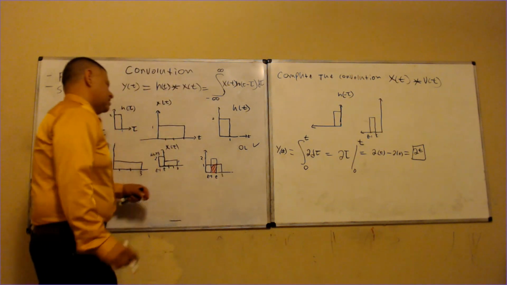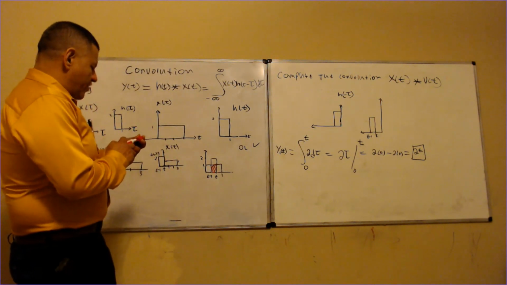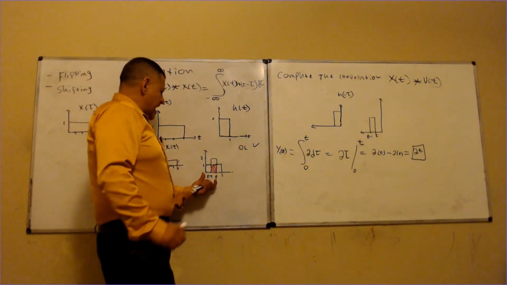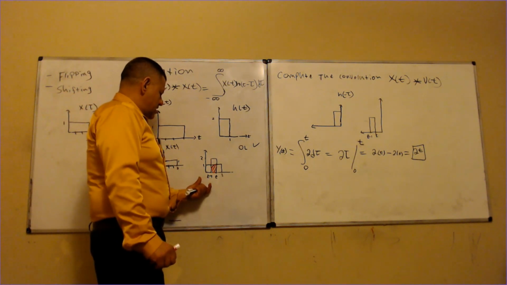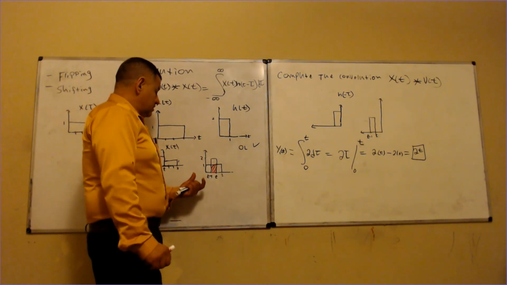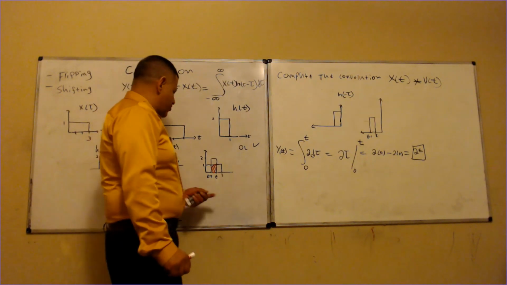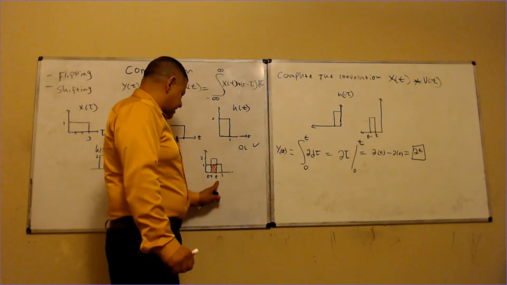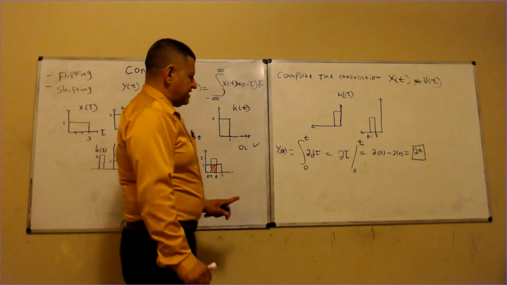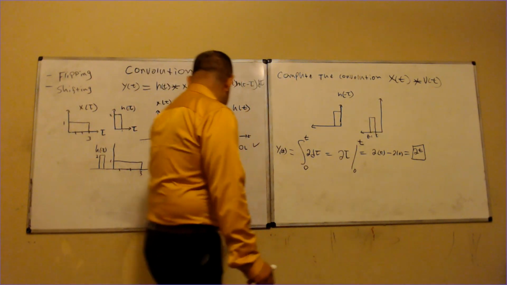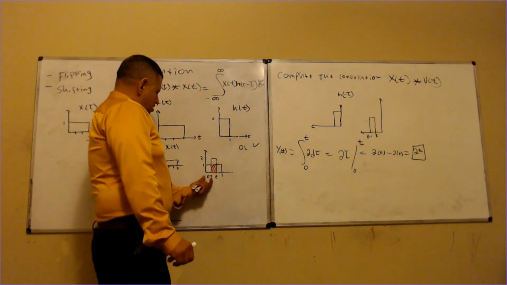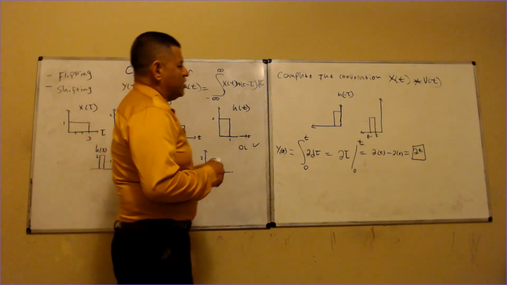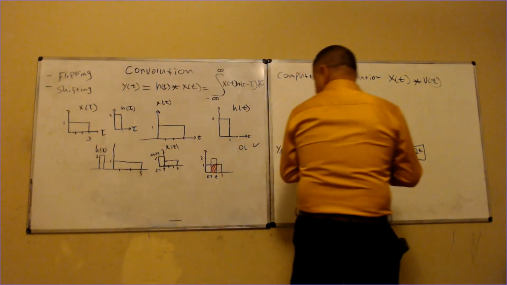So at this point, we have an overlapping. Now, the limit of integration is going to be between this guy and this guy now. It's not 0 no more. We just passed 0.